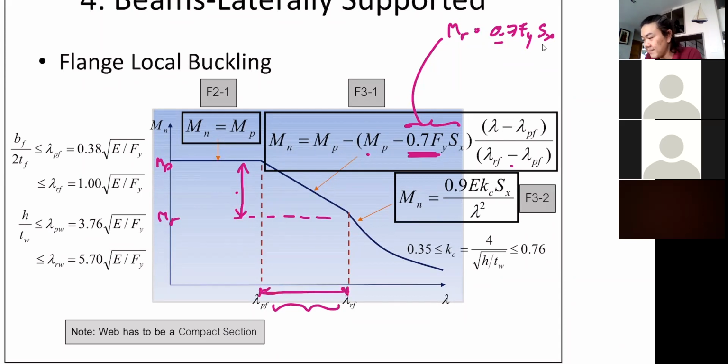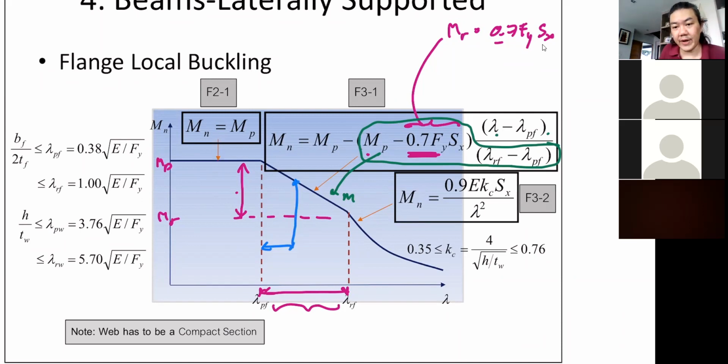So basically, this is the slope of that line, right? And lambda, that's the slenderness ratio of your flange, minus lambda p, it becomes just the location on this. If you know this location, now you know what value this is, right? Basically, that's the linear equation.